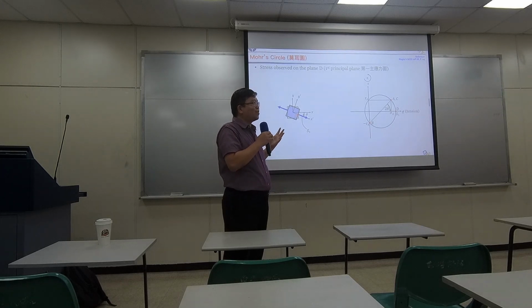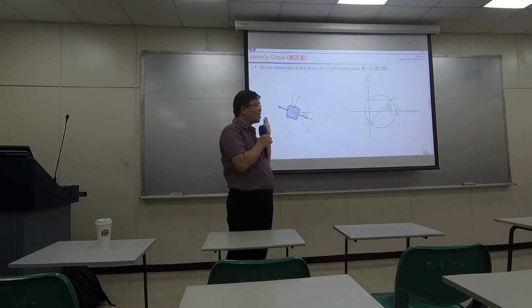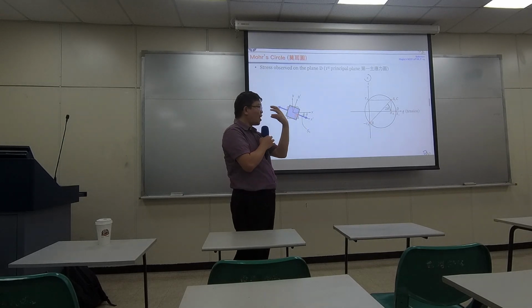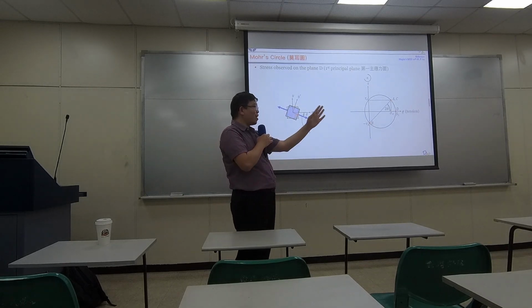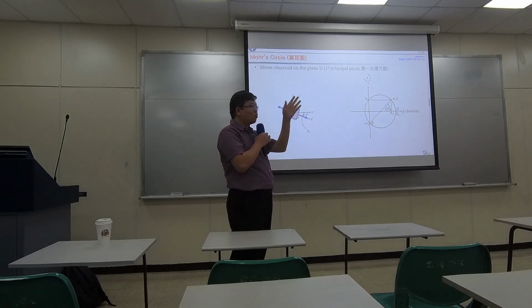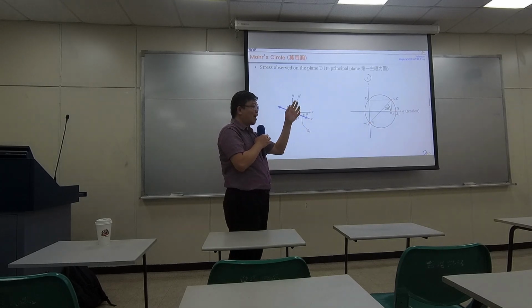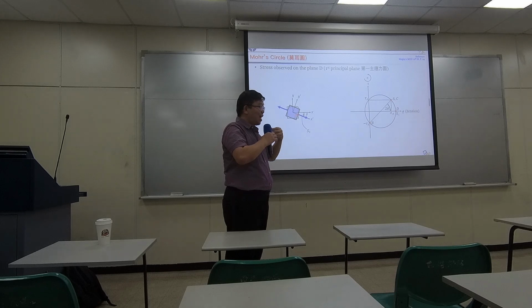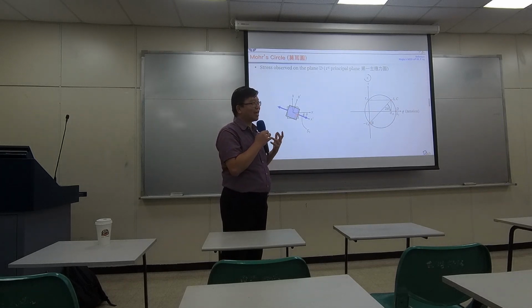I thought I'm strong enough. However, when I change the way I analyze the stress, I realize here is where I get the most impact. So I need to figure out along the direction with the most impact, how much stress I'm carrying, and am I strong enough? That's the idea.